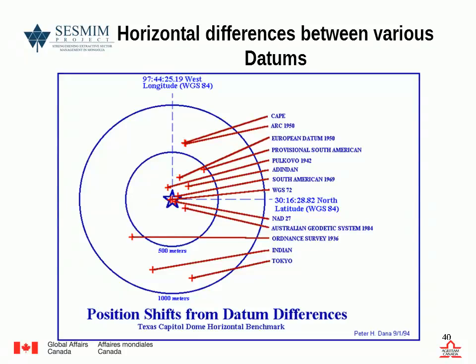Basically an operator, not a geodesist or a scientist, took the high-res image over the low-res image and said, okay, this is a good fit, I'll let it go. That's how they did it. So they could easily be 15, 17 meters off, because they're looking at a 15 or 30 meter pixel to line up roads.